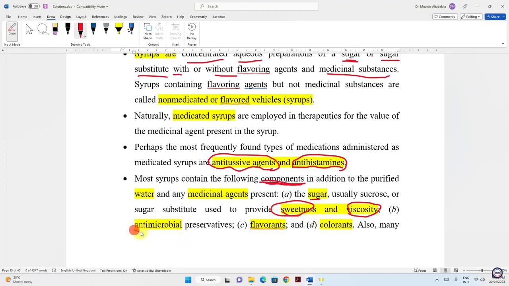Also, it may contain antimicrobial preservative because you have sugar, you have water, and this is a good medium for the growth of microorganism.